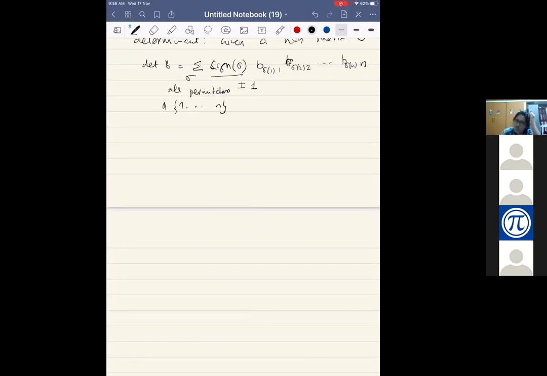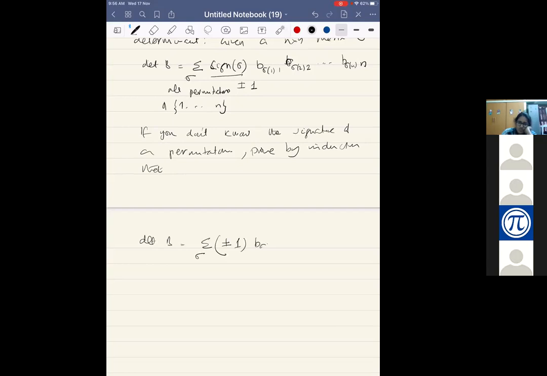So if you don't know the signature of a permutation, prove by induction that det B equals the sum over permutations of an expression with just plus or minus 1 times B_{sigma(1),1} B_{sigma(2),2} up to B_{sigma(n),n}.